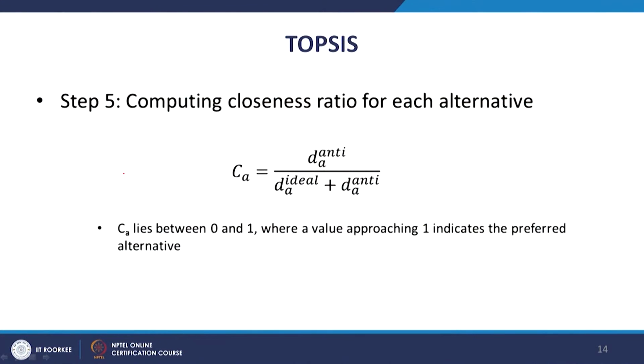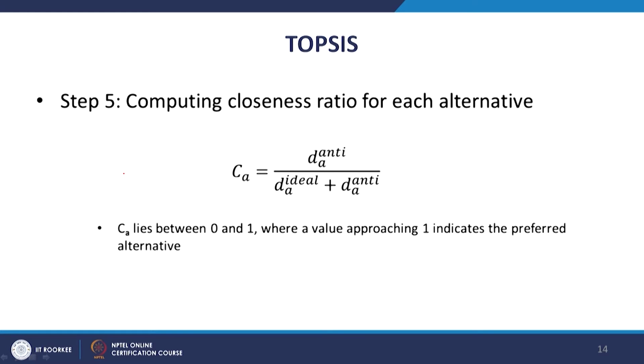You see here that we would like to pick the best alternative based on what we talked about: it is going to be closer to the ideal point and farthest from the anti-ideal point. So if an alternative is the best alternative and it is closer to the ideal point, this distance D A ideal is going to have a small value, right.